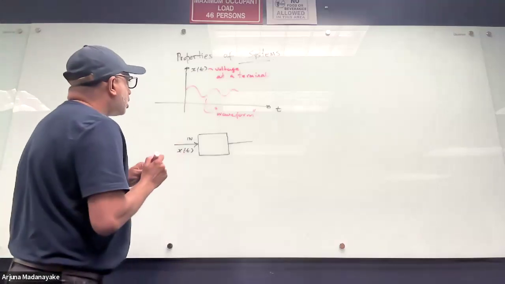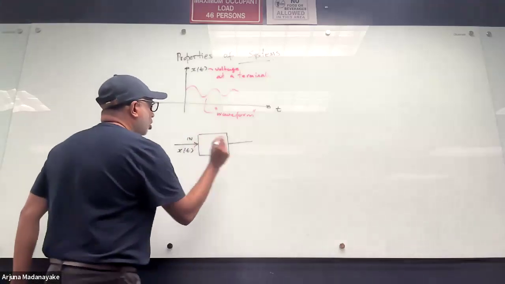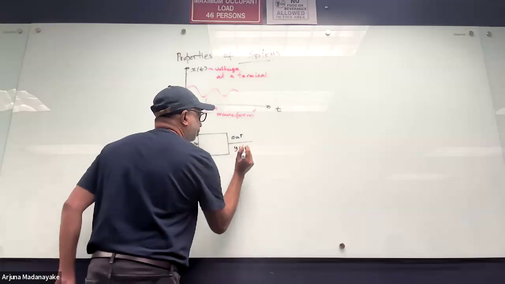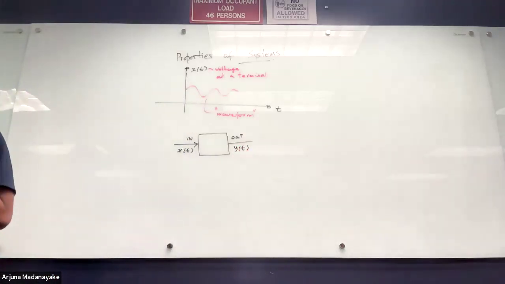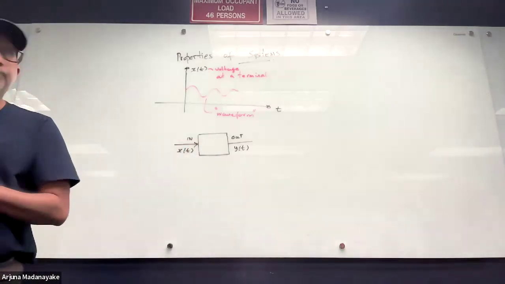So let's say I apply this waveform here, and then I call the output waveform y of t. So I provide some input and it produces an output.